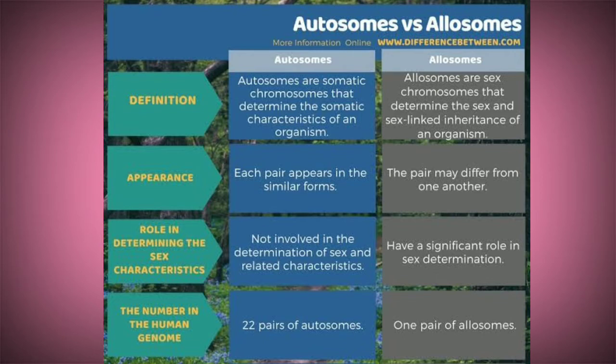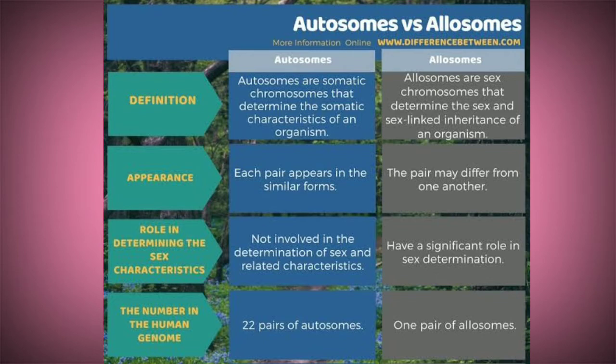All these expressions of a particular individual take place because of the genes present in the autosomes. These genes are responsible for forming the body characteristics, and therefore autosomes are also called body chromosomes.